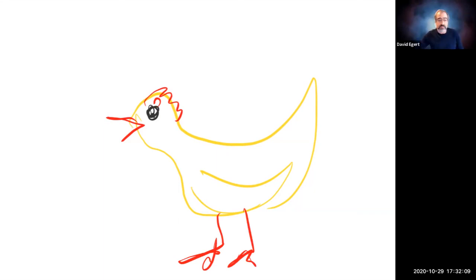What's the chicken's normal day? Normal day is pecking around the yard, and oh my God, there's some seeds or there's a worm. So it spends a lot of time walking around. So its endurance muscles are going to be in its legs, where it just keeps going.